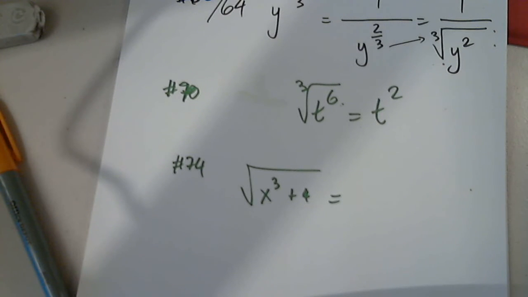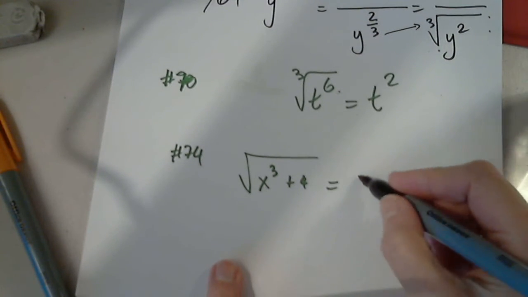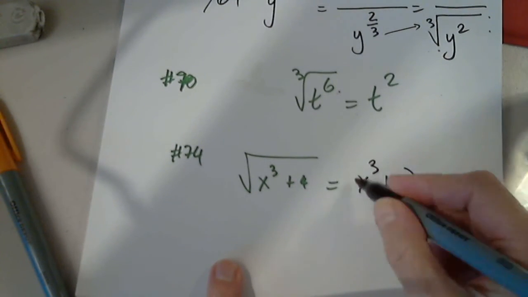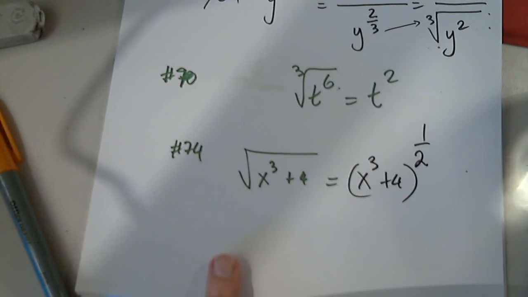Anyone? Well, this is the same thing as x to the third plus 4 raised to 1/2. The denominator is the index, and the numerator is the power.